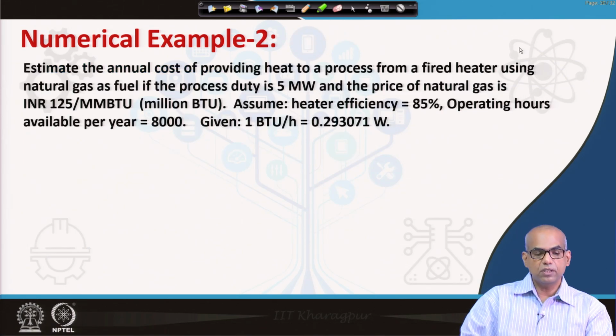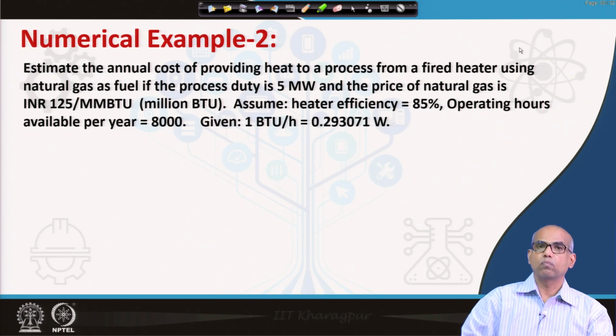Now, let us take another simple problem. Estimate the annual cost of providing heat to a process from a fired heater using natural gas as fuel if the process duty is 5 megawatt. The process duty is 5 megawatt and the price of natural gas is rupees 125 per million British thermal unit, million BTU.